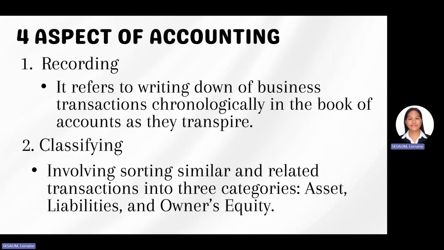Classifying means classify or sorting similar and related transaction into three categories which are asset, liabilities and owner's equity that will be further explained later in the different lessons. In classifying, we need to sort similar or related transactions so we can easily manage our work on the transactions.